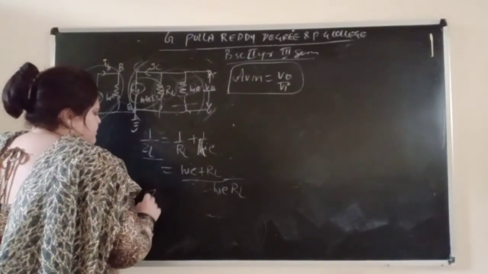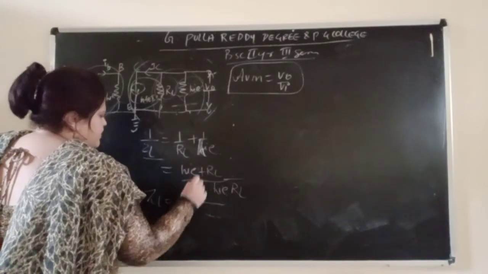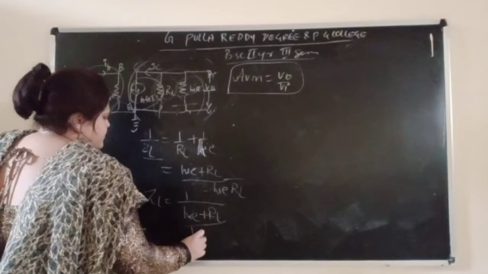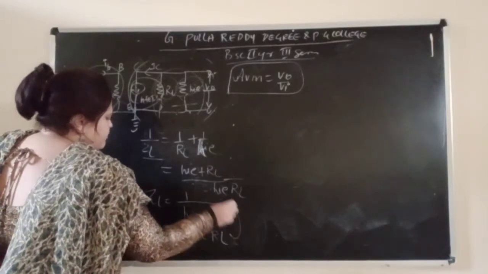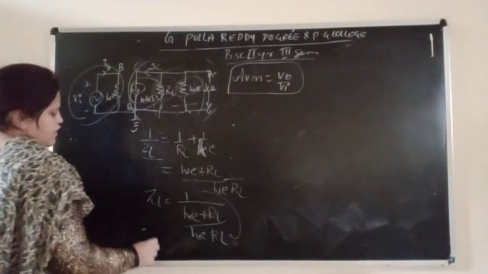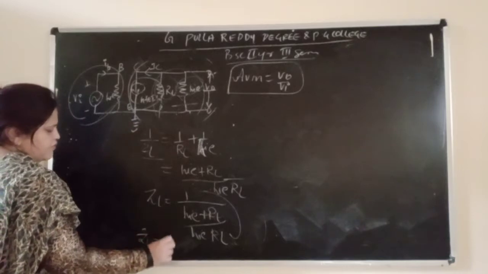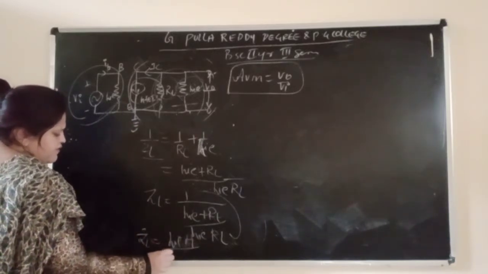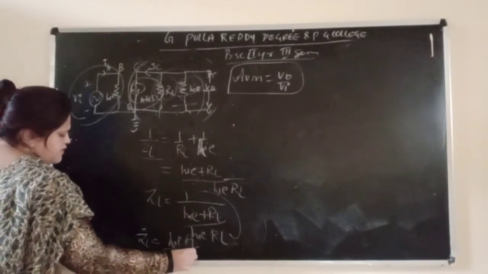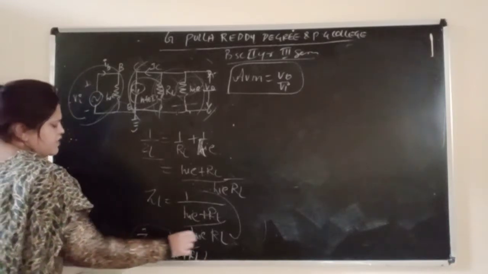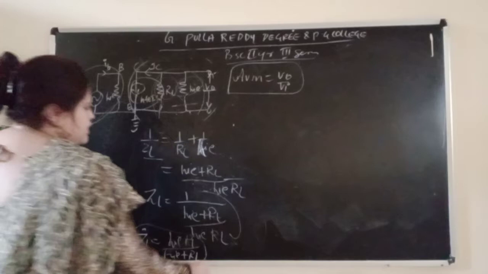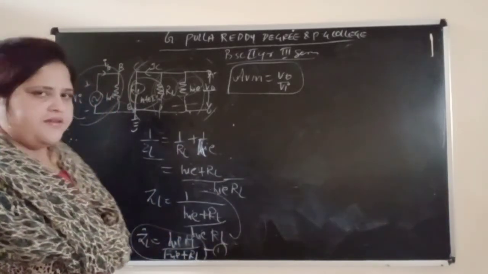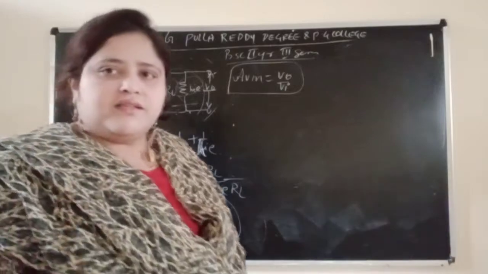I want ZL, so ZL equals HIE into RL by HIE plus RL. This is equation 1. Now finally the effective load resistance is ready.